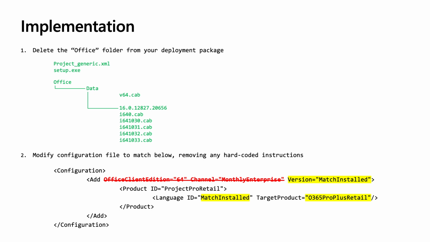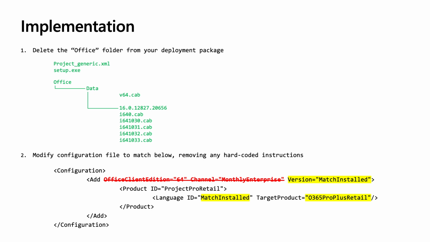And then finally, we have to specify the product we would like to install. And for the languages, we can again leverage the information that is already on the box. So we can specify language ID match installed. So dear setup, please match what is already on the box and use target product, use the existing Microsoft 365 apps installed as a reference.